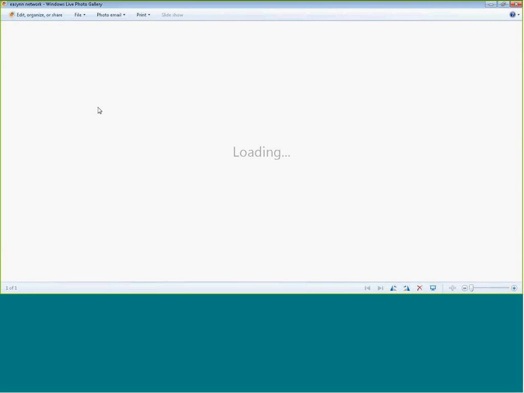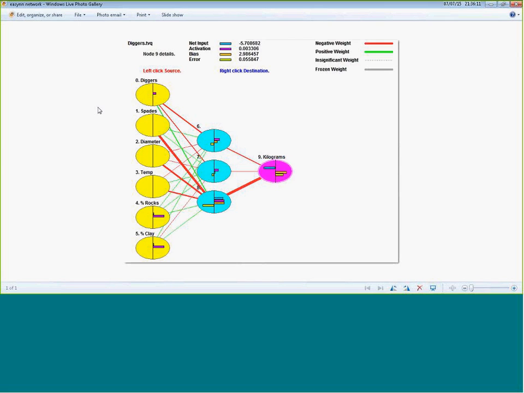This is it. So this is a screenshot from a result of a neural network out of EasyNN.